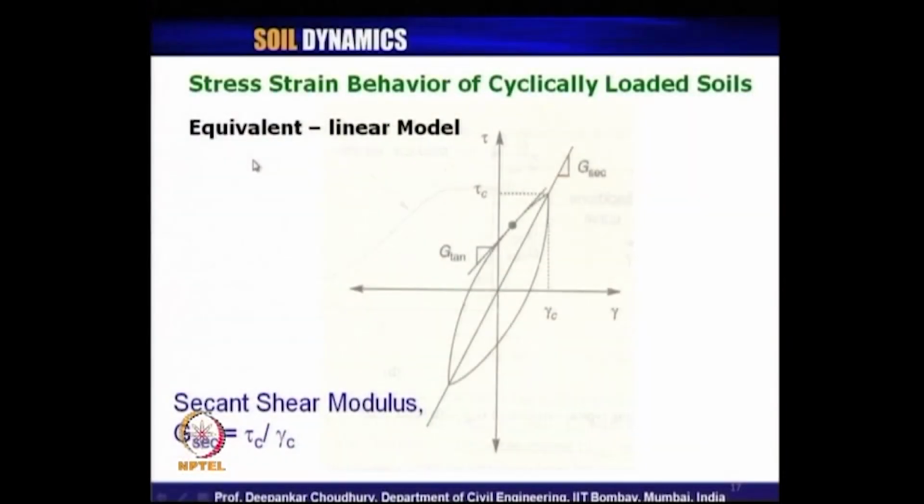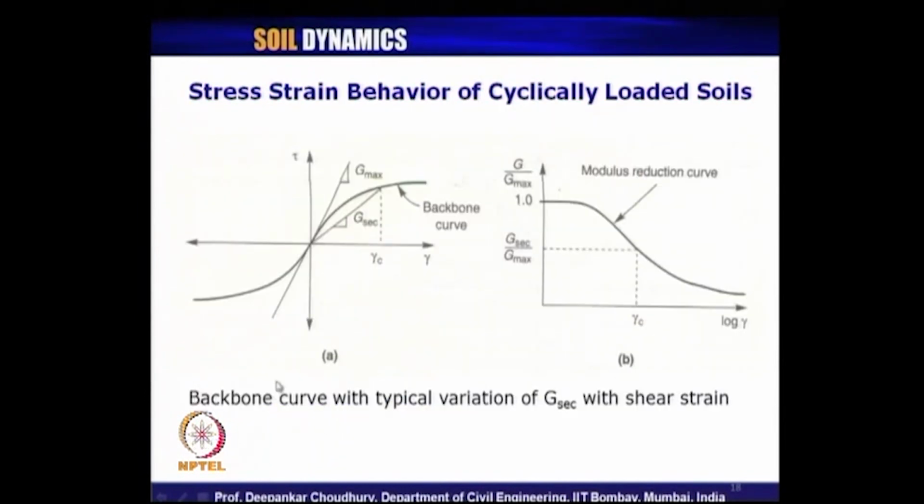Now let us look at the slide here. It says that for a cyclically loaded soil, this is the typical stress strain behavior as we have just discussed, the tau versus gamma plot, and tangent shear modulus and secant shear modulus have been defined here. Another terminology used for this curve of tau versus gamma for any cyclically loaded soil sample is the backbone curve.